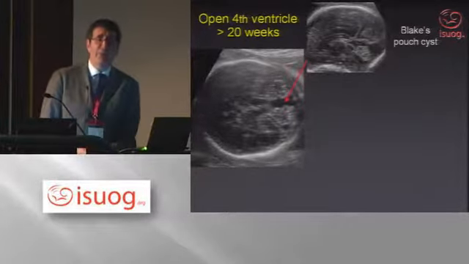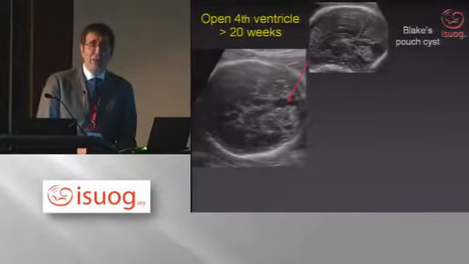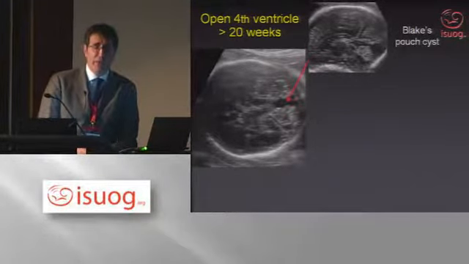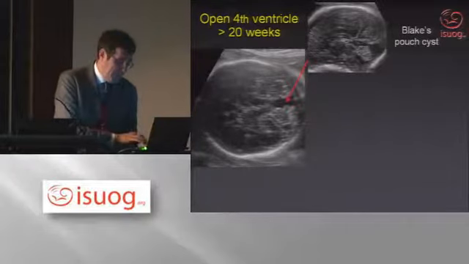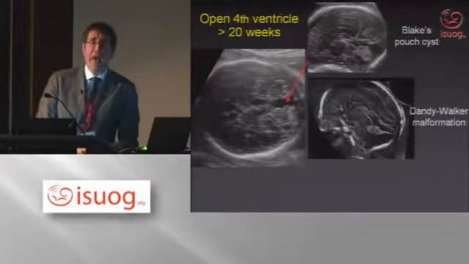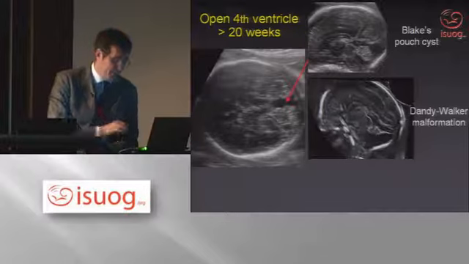Either a Blake's pouch cyst. What is a Blake's pouch cyst? It's just a very simple enlargement of the Blake's pouch displacing the cerebellar vermis upward. Or they may have a true malformation, and that would be the Dandy-Walker malformation.